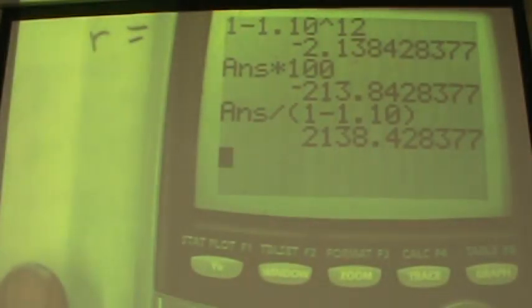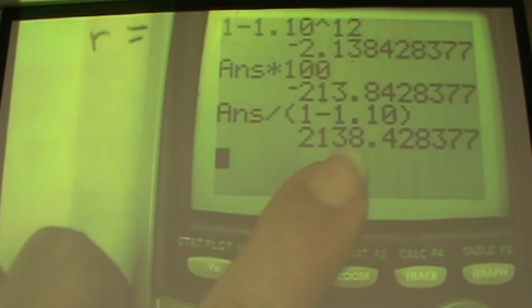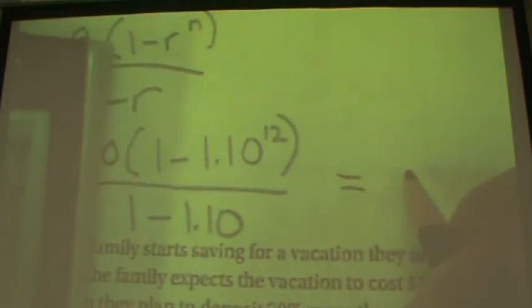I'd like to see the answers you get. $2,138.43. What'd you get? 2,138.43. So did I. That's how much you would have saved up at the end of 12 months.